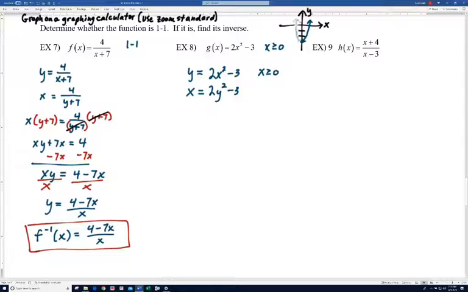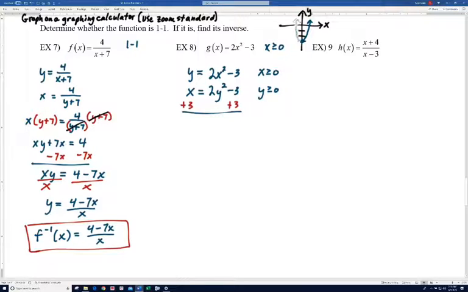Now remember that our domain for the original function is going to be the range of the inverse. And so here I would have y is greater or equal to 0. So now I need to solve for y, so I've got some work to do.